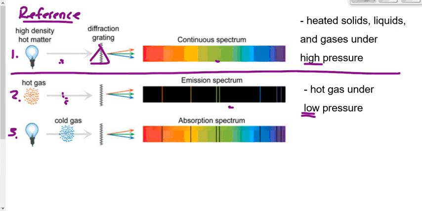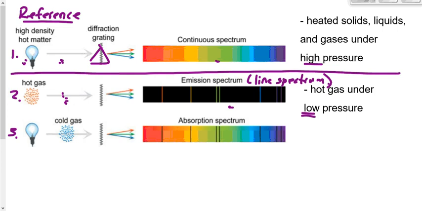This is what we call an emission spectrum. Sometimes we call it a line spectrum. What's the difference? Well, hot gas under high pressure produces all types of EMR, everything. But a hot gas under low pressure only produces EMR as a result of transitions of electrons, which means that we're not going to get all types.